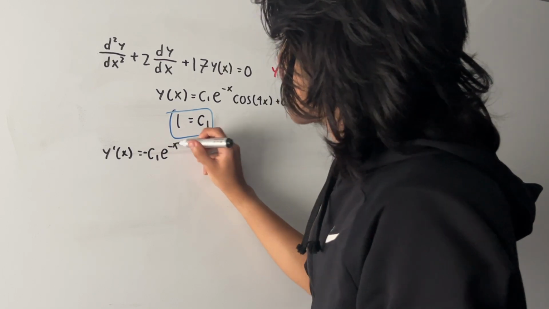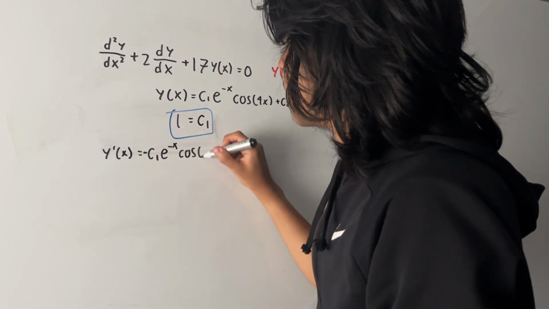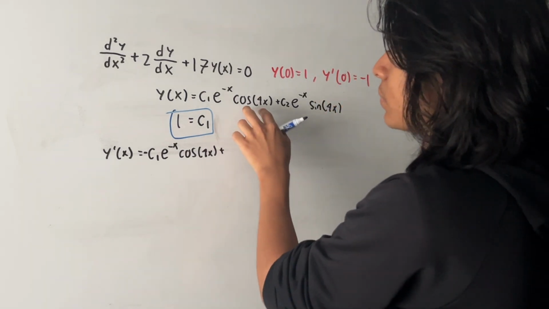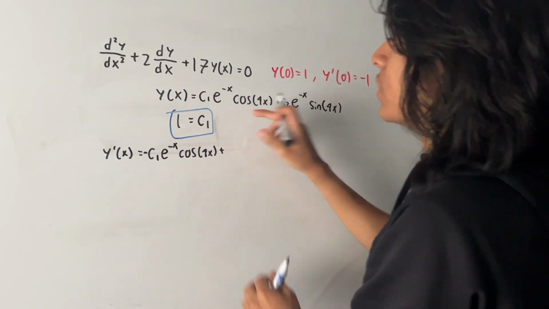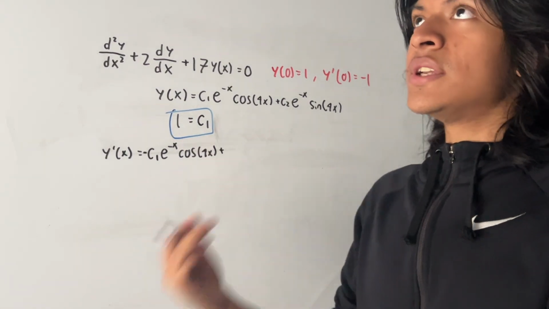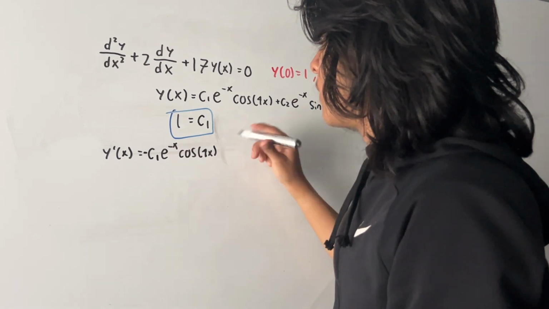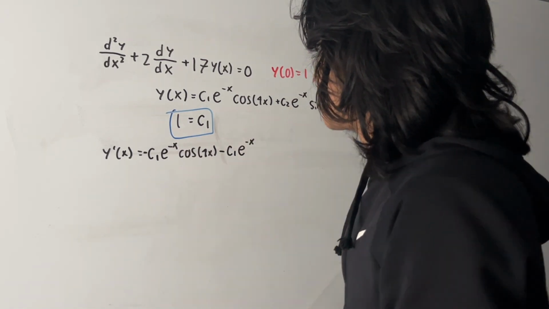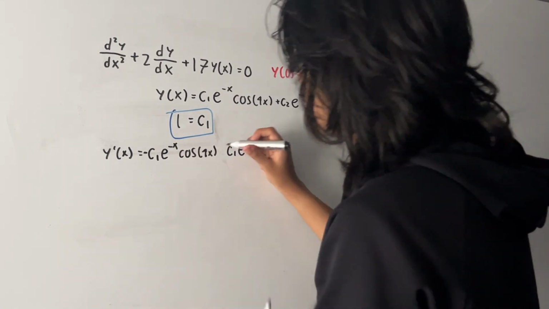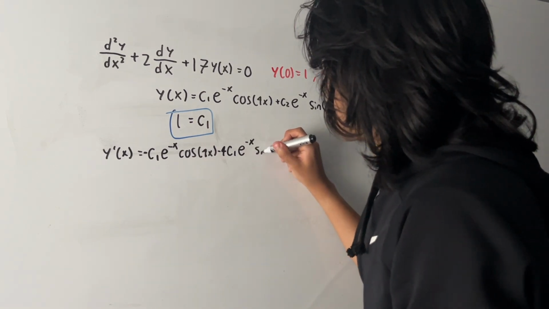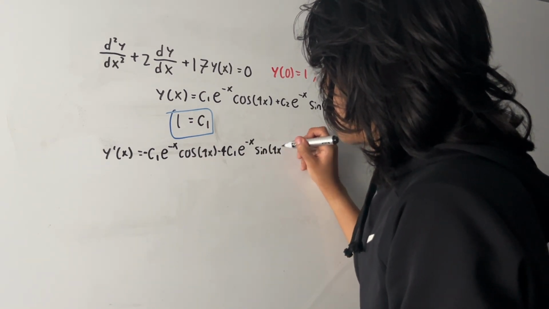Negative e to the negative x cosine of 4x, plus, then we're going to take the derivative of cosine 4x, which is going to be negative 4 sine of 4x. So we get c1 e to the negative x, and I'm just going to put the 4 right here, then sine of 4x.